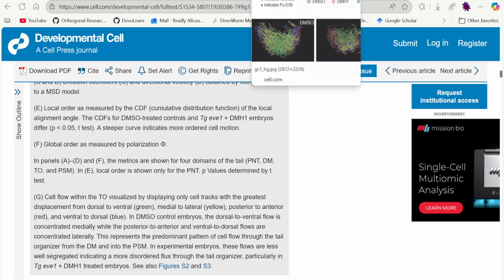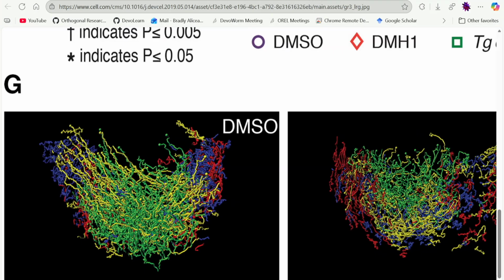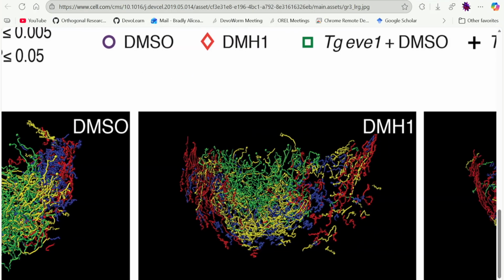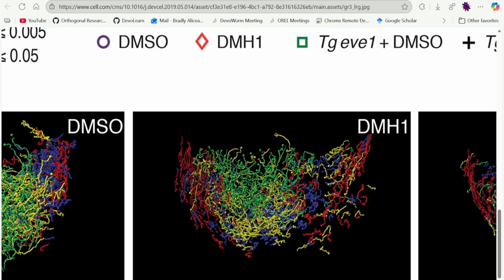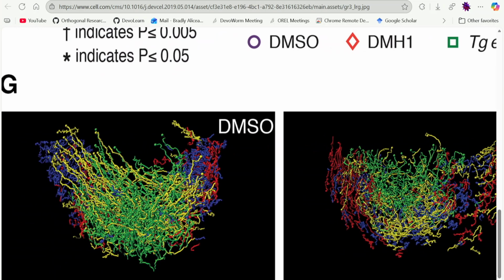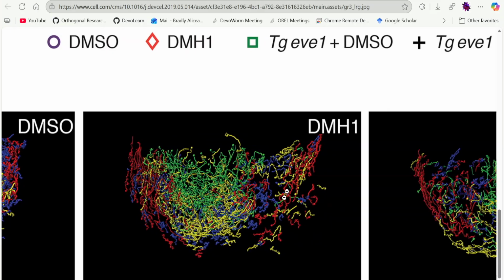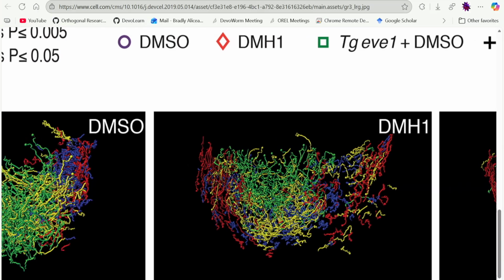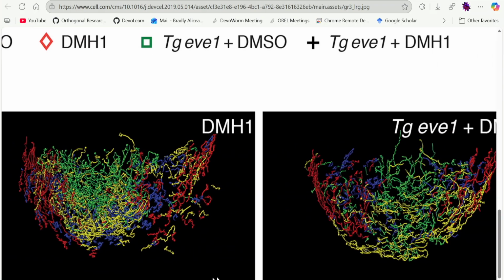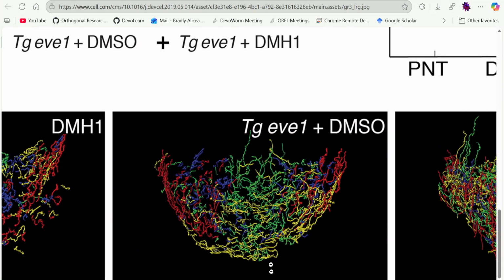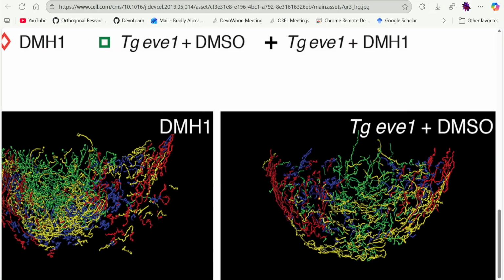So that's what we have for DMSO. And then if we look at DMH1, it doesn't look like that. The shape of the cell tracks is different, but then you have more red and more blue, and you have less green and more apparent yellow, at least from the surface. With the transgene Eve1 plus DMSO, you see difference here as well.